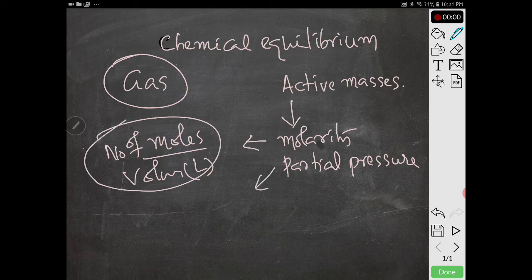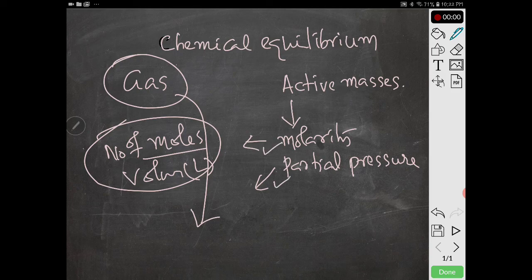Partial pressure is the pressure exerted by a particular gas in a mixture. So if you are talking about a gas, you can express the concentration or the active mass in terms of molarity as well as partial pressure.